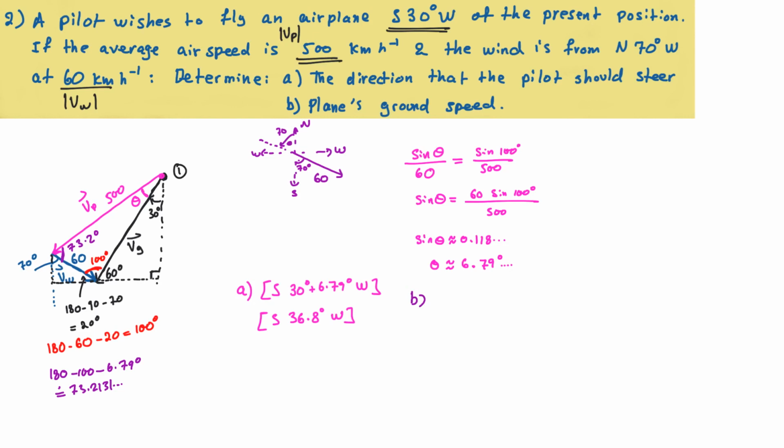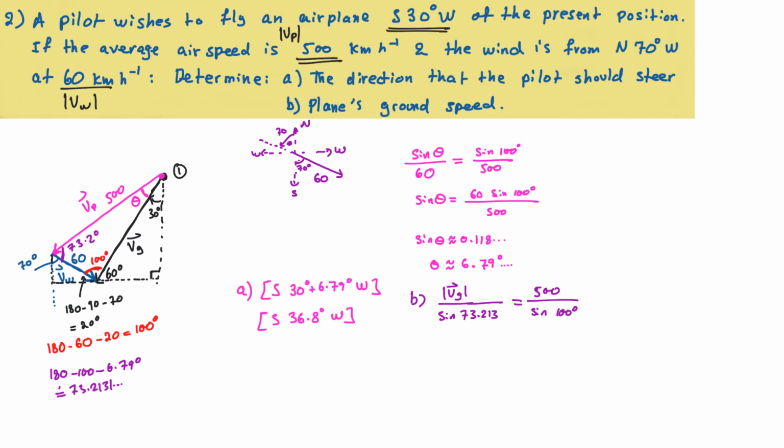It's a little bit less messy than the cosine rule. And we know that magnitude of VG divided by sine of 73.213 is going to equal to, let's use this side and this angle. So that's going to be magnitude of VP, which is 500, divided by sine of 100 degrees.